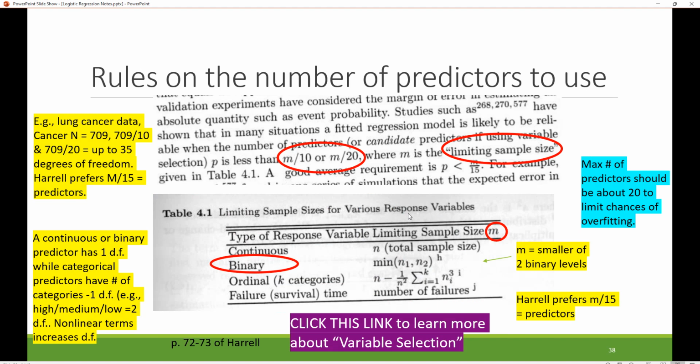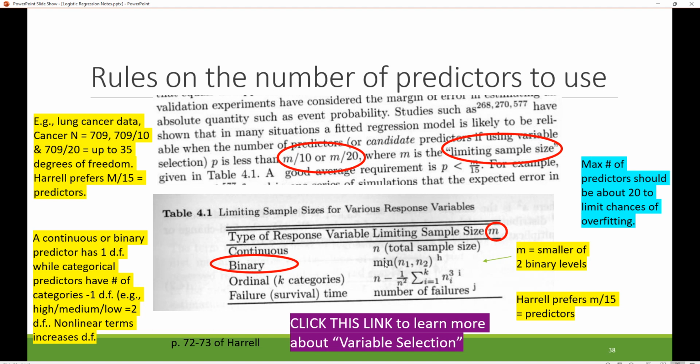Before we go further, I just want to share this slide because it gives us an idea of how many predictors we can have in a model. We're starting out with 1 and 2 predictors, but we may want to know how many we can have. For example, in our lung cancer data set, we have n equals 709. We have 709 with cancer, 709 without.